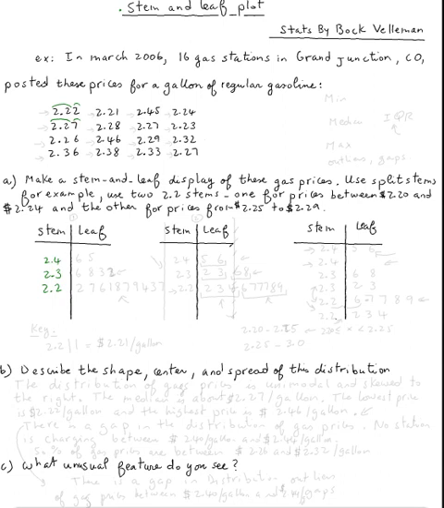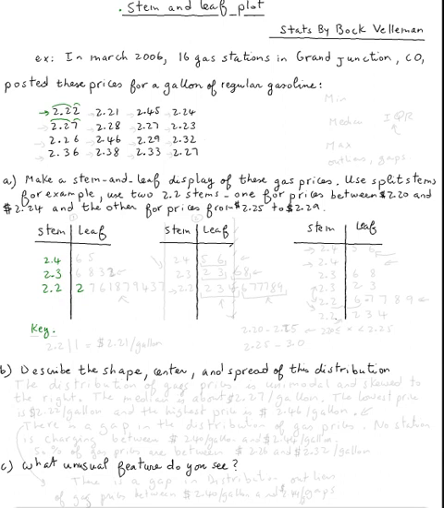So let's plot all the 2.2s. The first one is in there. Let me talk about the key for this one. We call this the key.